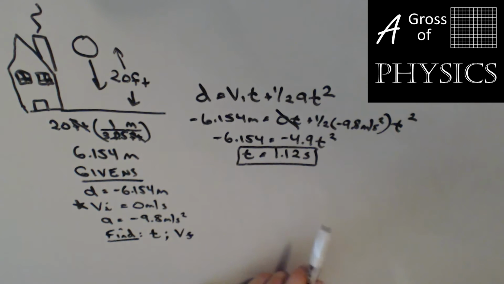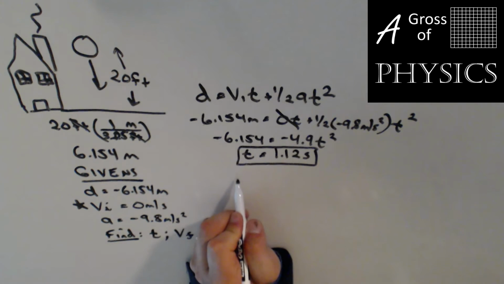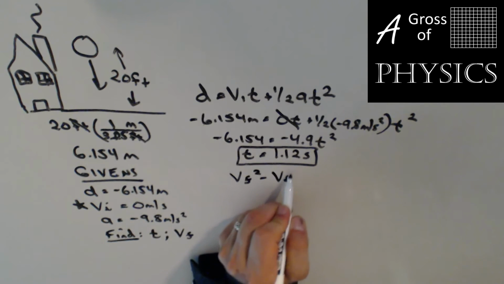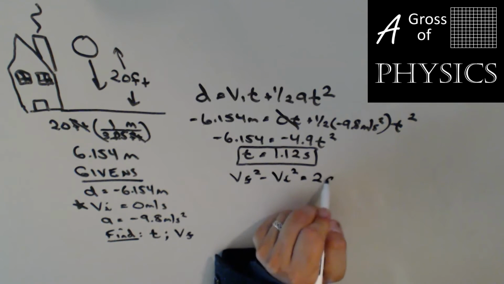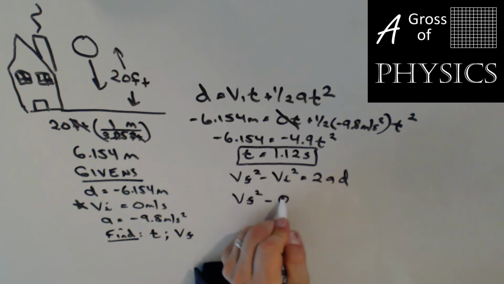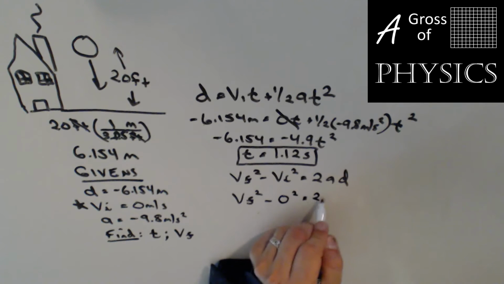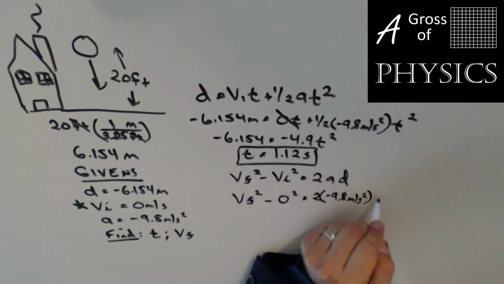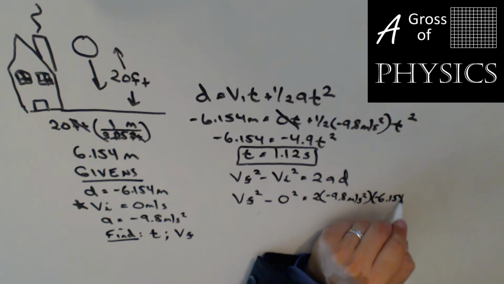If you were to use t, I would probably use equation 3, but since we're looking for VF, I'm going to use equation 5, VF squared equals VI squared plus 2AD. So, VF equals the square root of 0 squared plus 2 times negative 9.8 times negative 6.154 meters.